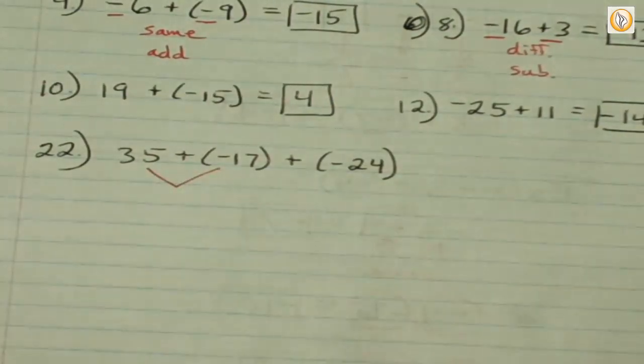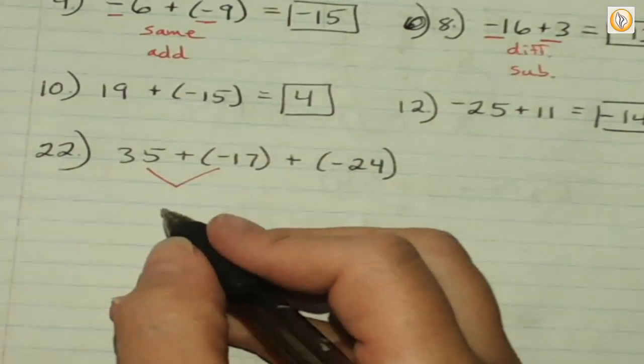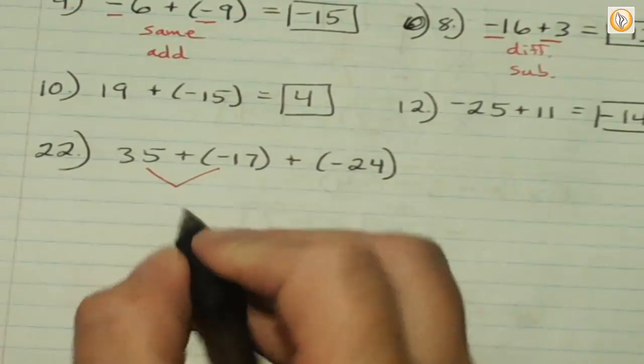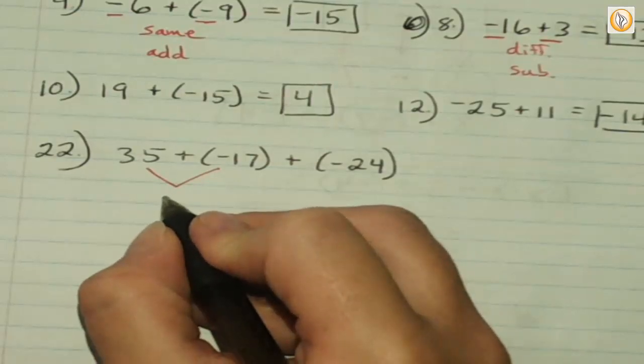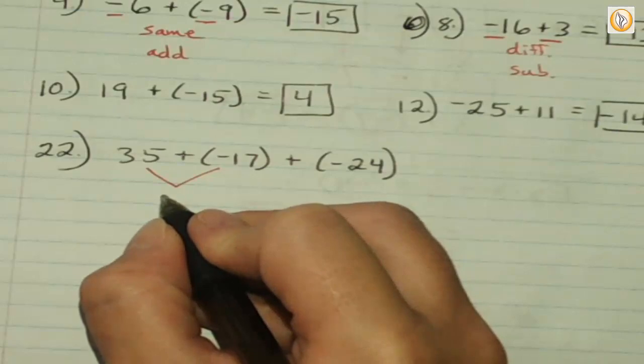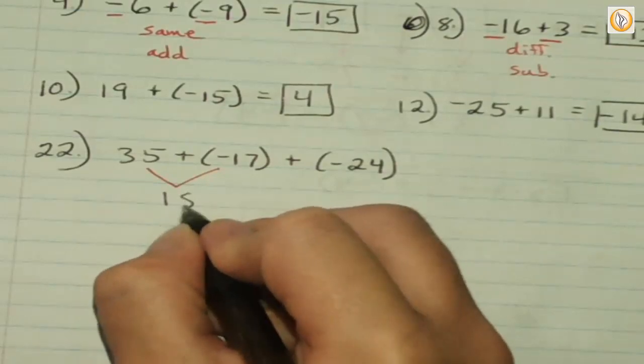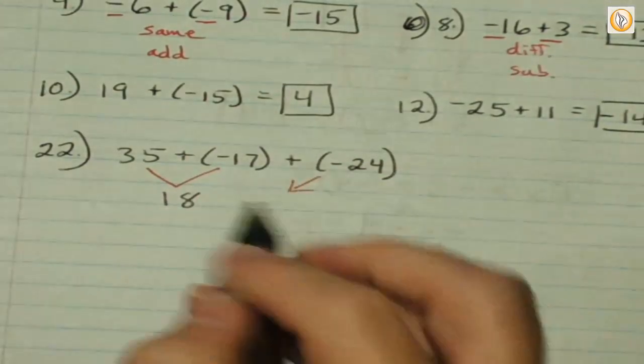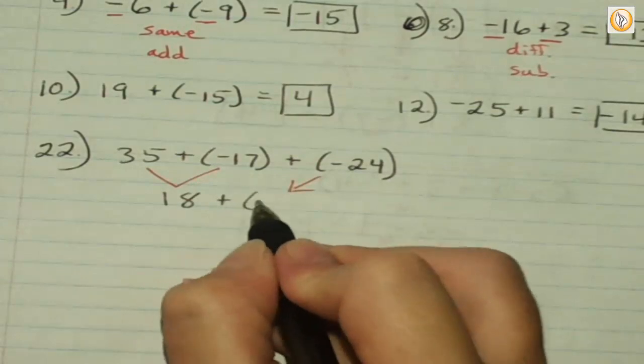So you can do the math on your paper and tell me what you get. +18. Yes, sir. +18. And then I'm going to bring down the -24.